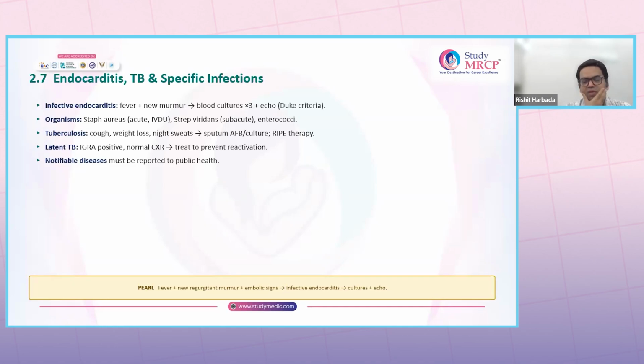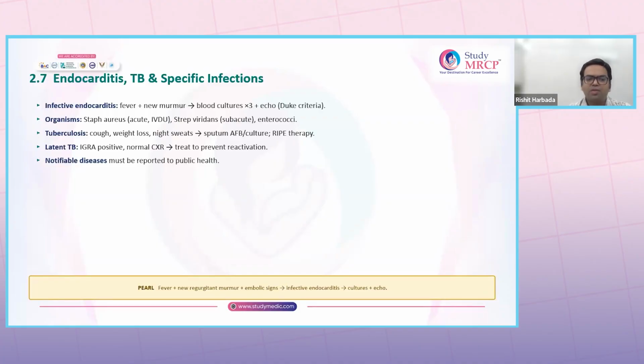In left-sided lesions, you are going to have the mitral or aortic valves affected. Here, you will have systemic features, like you can have a stroke, ischemic infarct, splenic infarct, renal infarct, etc., which are commonly seen.